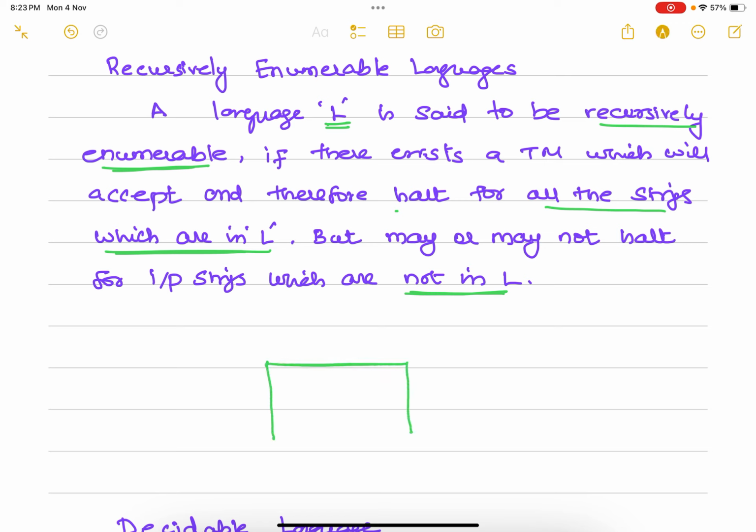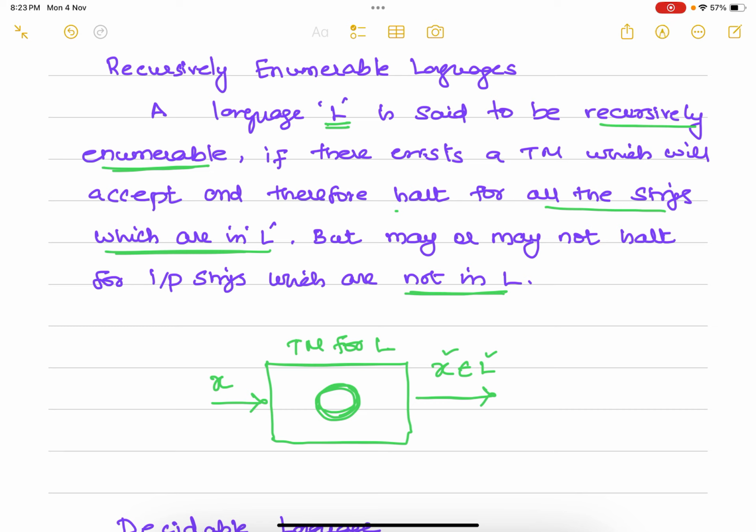Say, for example, if you have a language which is recursively enumerable, then you can have a Turing machine. Now when some X that belongs to this language is given, it will be accepted by the Turing machine, and the Turing machine will halt for X belonging to L. But if you give an X that does not belong to this language, then the Turing machine will not halt, but it will go into an infinite loop.